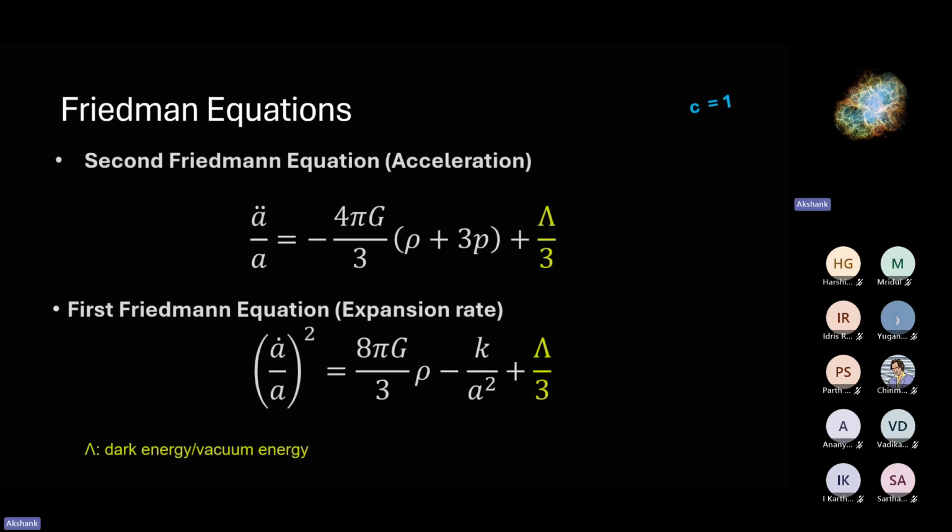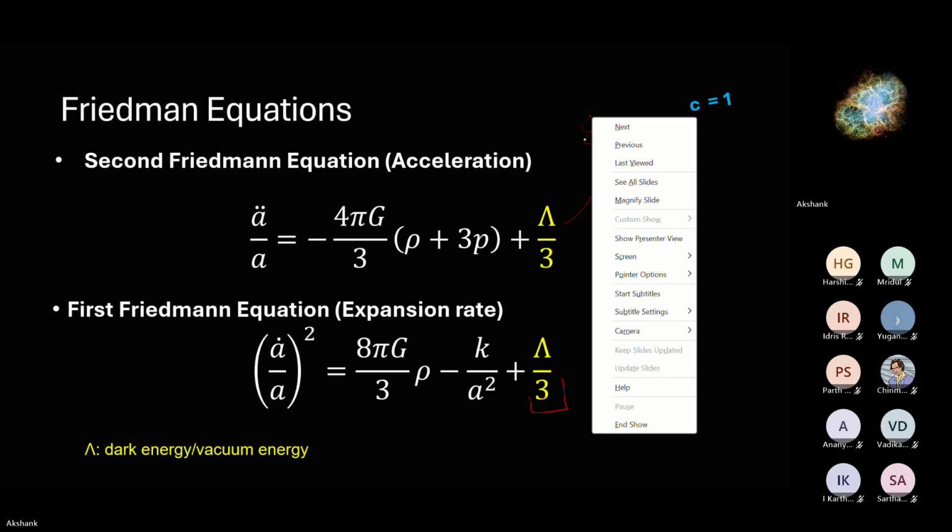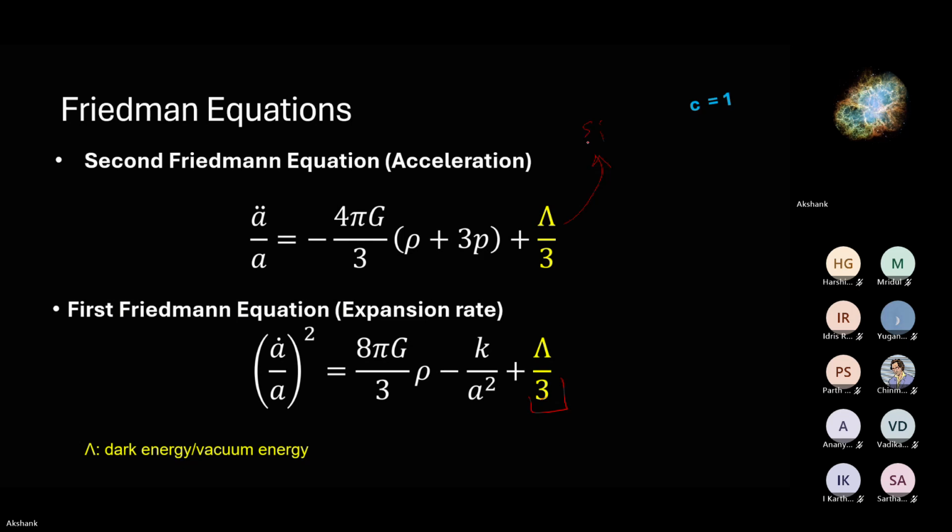Then you also have the same term added in the first Friedman equation, lambda by 3. So you go and add this all the way back into Einstein's field equation. That's where Einstein had introduced it.